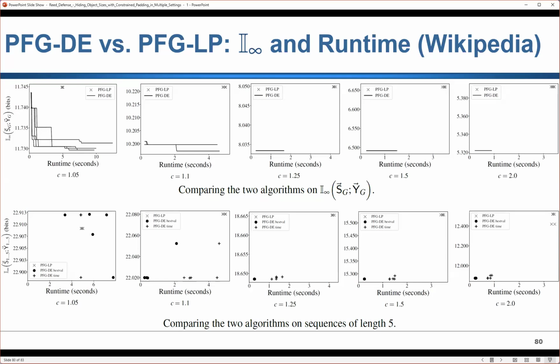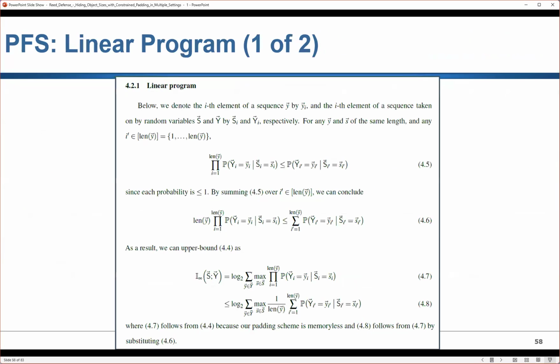And then also, let me go back to this. The linear program is designed to minimize an upper bound on I infinity, whereas the differential evolution solution actually minimizes I infinity directly for a per-object padding scheme.